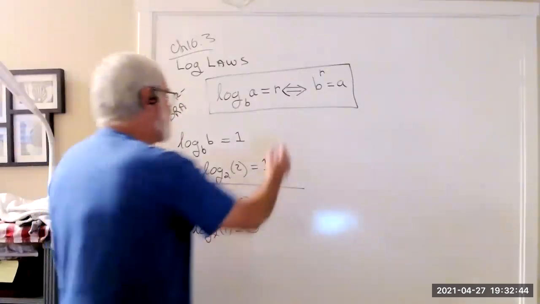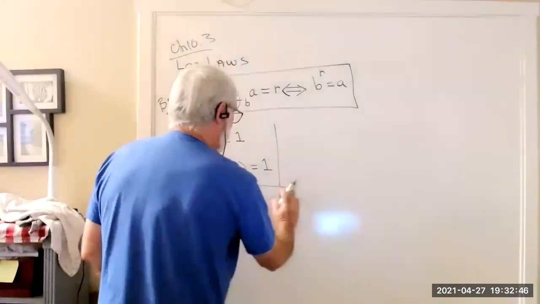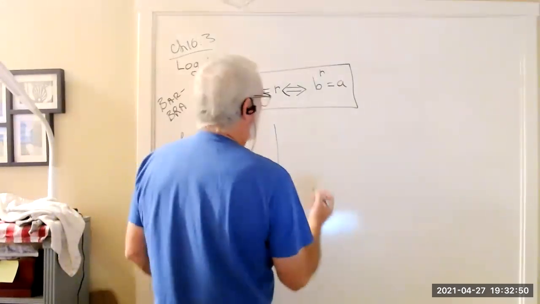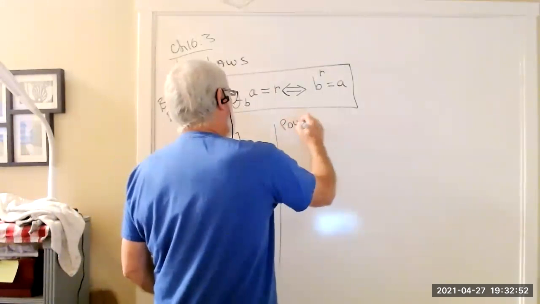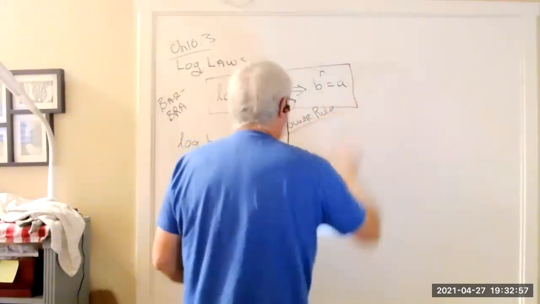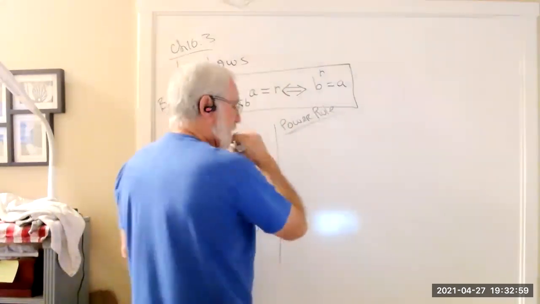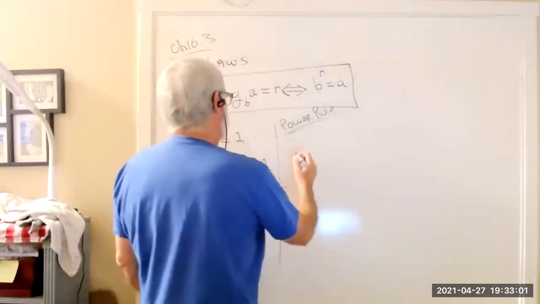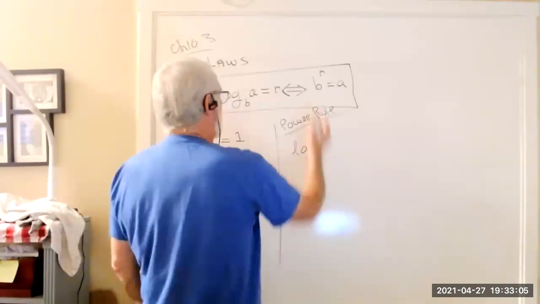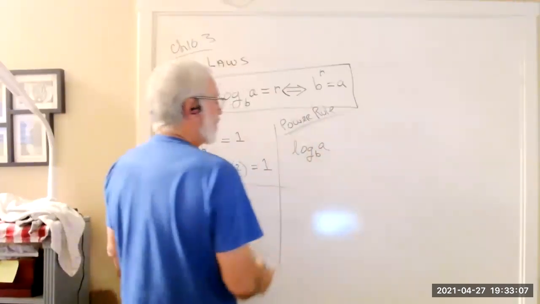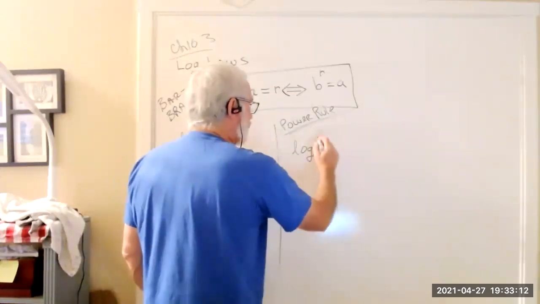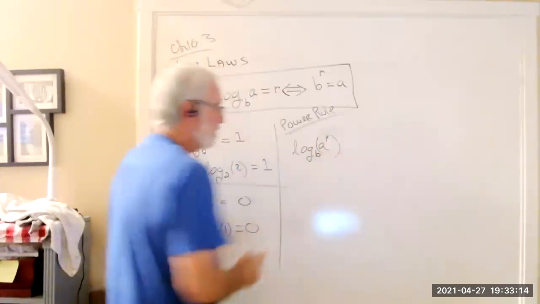And then the last one we talked about last week is called the power rule. I didn't give you a name for it last week, but it basically said, if you have the log base b of a raised to some power p, notice a is being raised to the power.